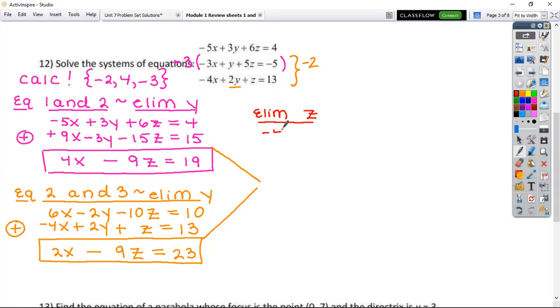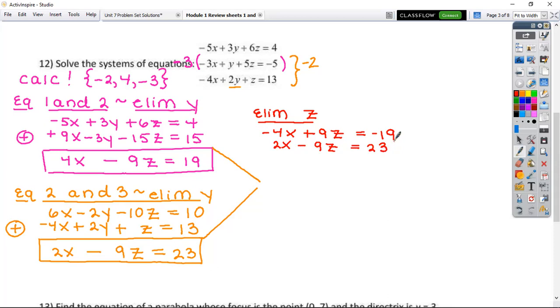So take this equation, multiply it by -1. So I would get -4x plus the 9z equal to -19. And then this one would be 2x minus the 9z equal to 23.